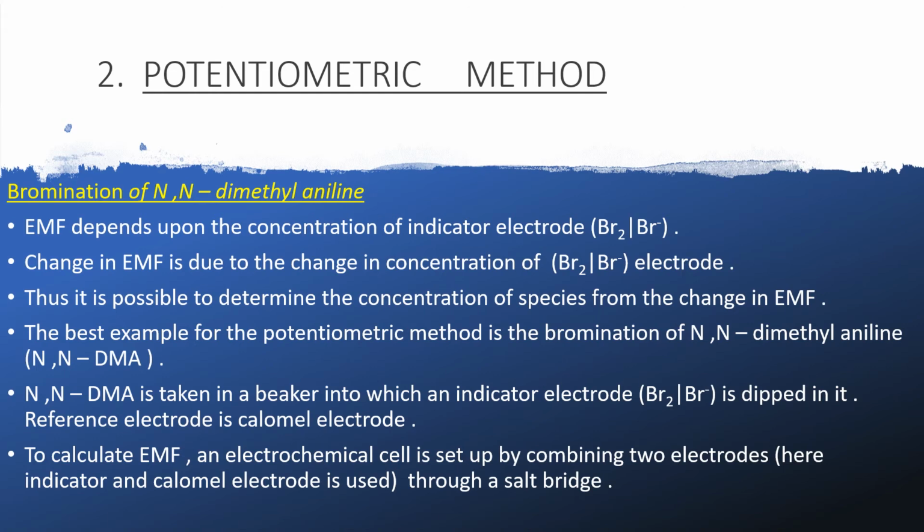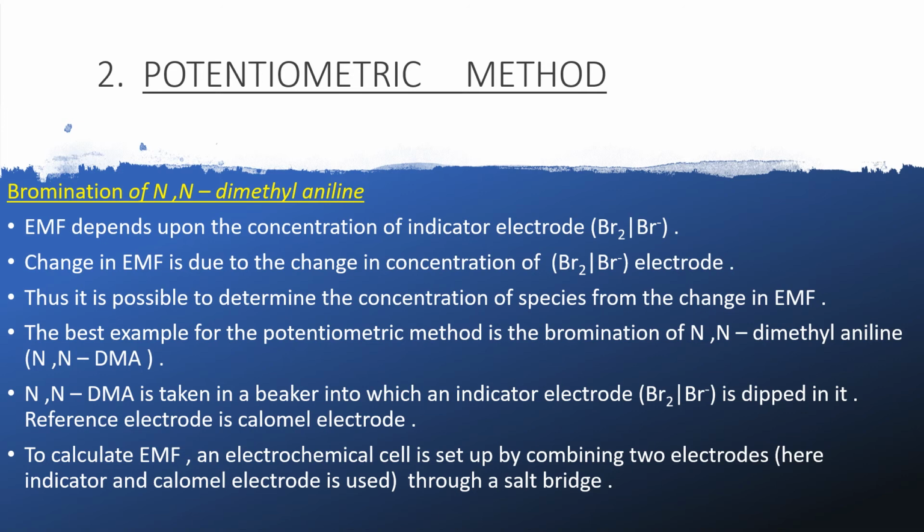That is, EMF depends upon the concentration of the indicator electrode, that is the bromine bromide electrode. So change in EMF is due to the change in concentration of the bromine bromide electrode. Means if EMF changes, then the concentration of the indicator electrode also changes. So thus it is possible to determine the concentration of the species from the change in EMF.